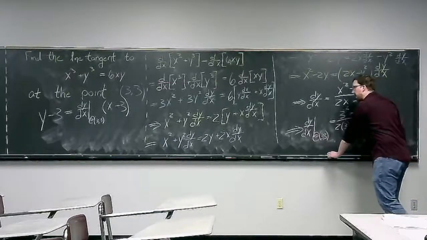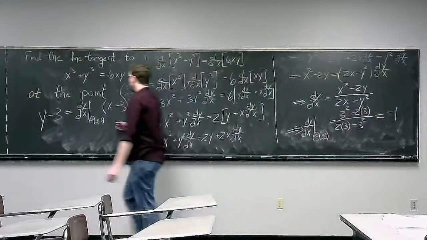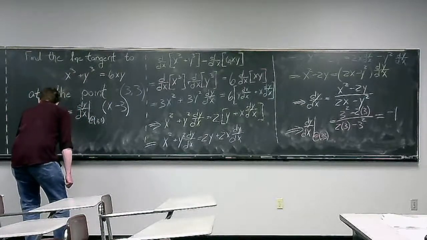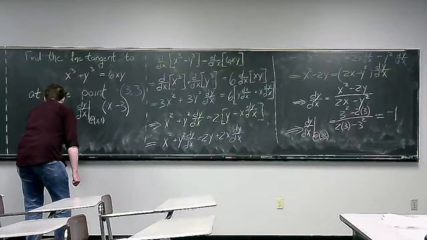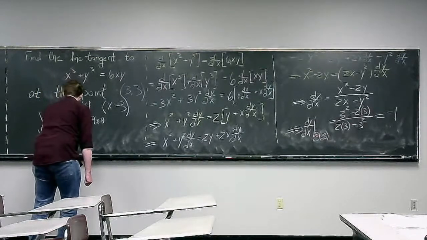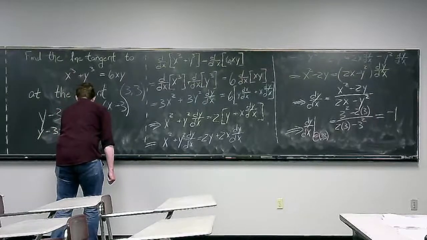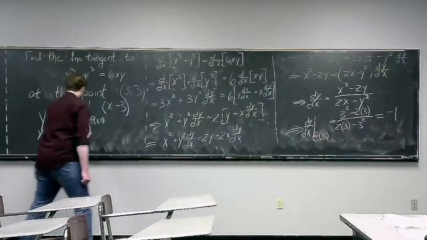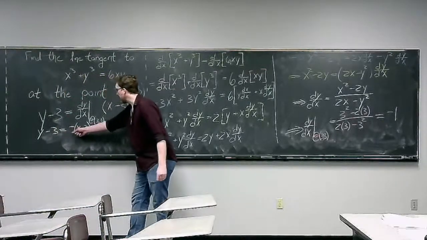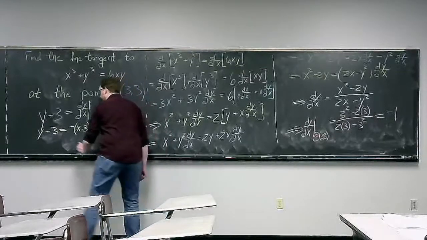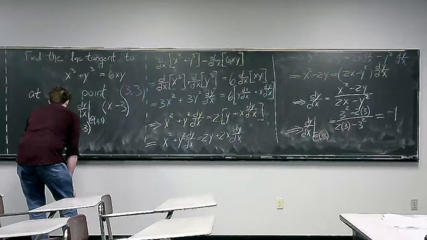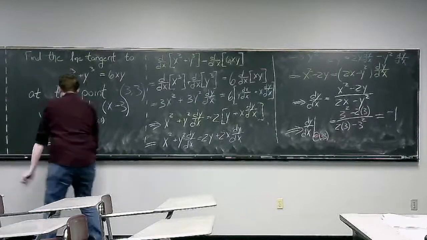So coming back over to here then, this is going to be y minus 3 is equal to negative (x minus 3), which gives us then, since we can distribute this negative all the way through, that y is equal to just negative x.